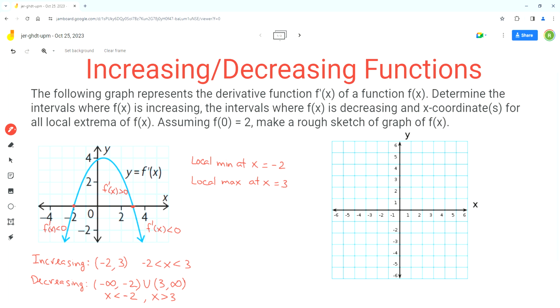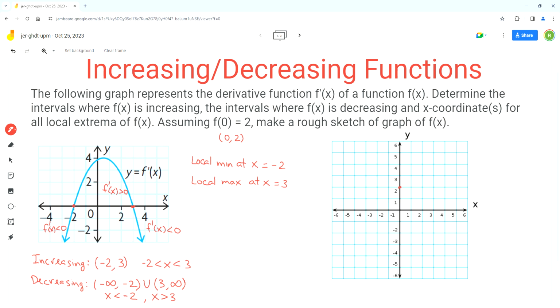So now we can use all of this information to sketch f of x. We are given a point that lies on the function f of x, that's (0, 2). This point lies on the y-axis. Now we have to analyze the behavior of the function f of x around its local maximum and local minimum.